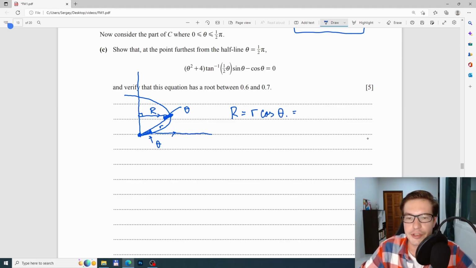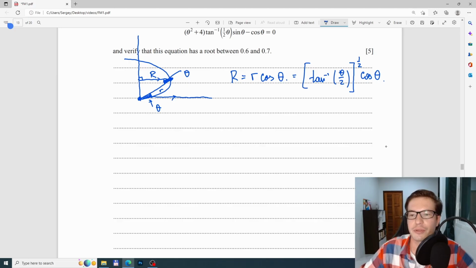Now, let's replace with the formula. It's going to be the inverse tangent of theta over 2, take the square root, and I'm going to use indices, times cosine theta. Now, it's very important in the next step not to confuse this -1 with indices. Yeah, remember, this means inverse, not the power of -1.